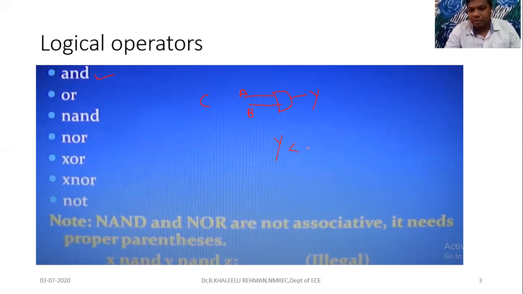This is an assignment operator: Y <= A and B; it should end with a semicolon.